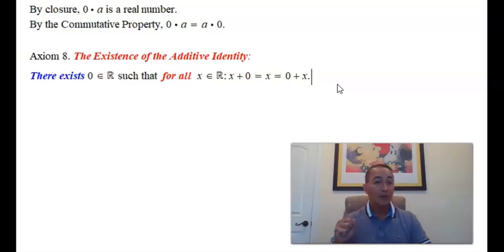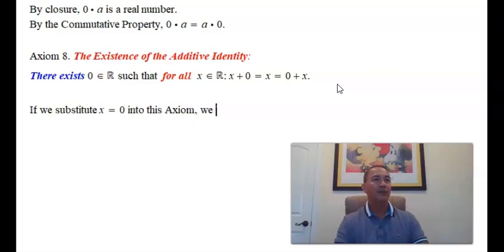Well, what if we make this x also equal to 0? x could be any real number. So let's see what happens when x is 0. If we substitute x equals 0 into this axiom, we get 0 plus 0 equals x.